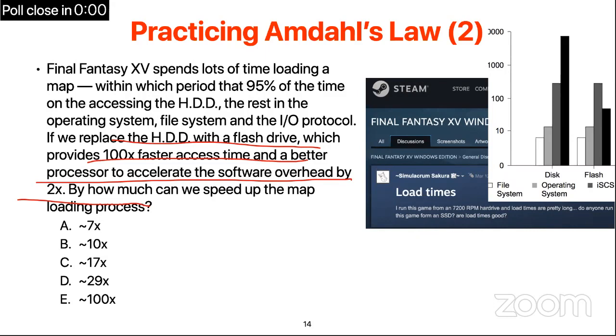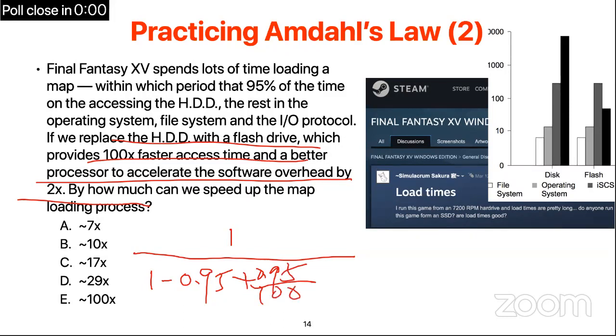So how should the formula look like? It's going to be 1 over 1 minus 0.95, plus 0.95 over 100, right?